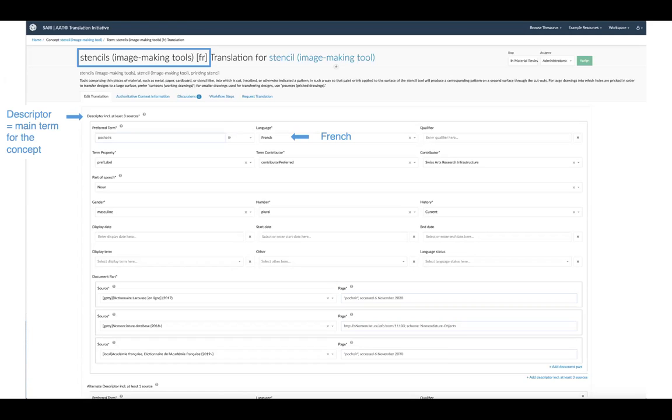The work of the translator is to mention all the translations for this concept. And he has to define which term is the descriptor, which term is the alternate descriptor, and which terms are the used-for terms. In this case of stencils, the most common translation would be pochoir.